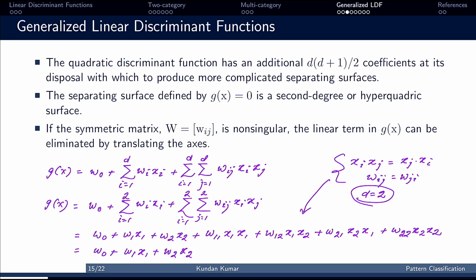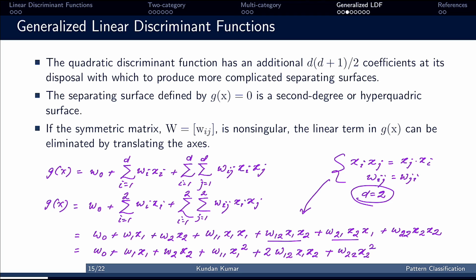These three terms are the linear terms. Then we will have the higher terms, that is the quadratic terms. Then we will have W11 x1 square plus, here these two terms are 2 times because of symmetry, so 2 W12 x1 x2 plus W22 x2 square.